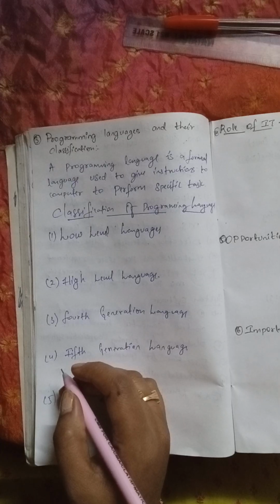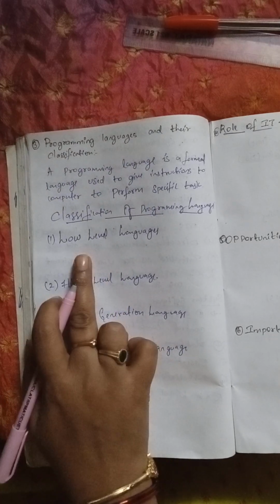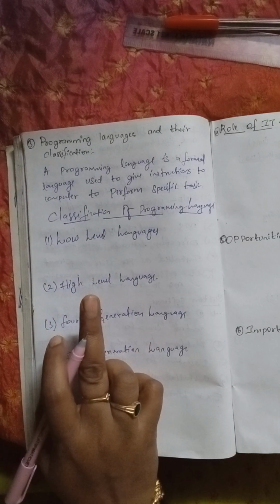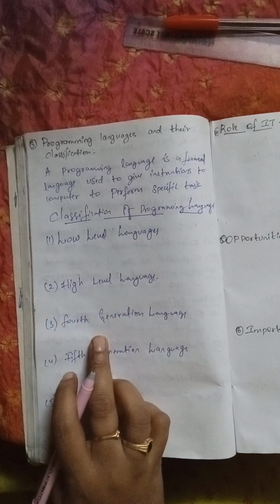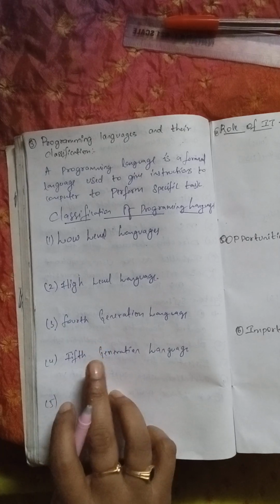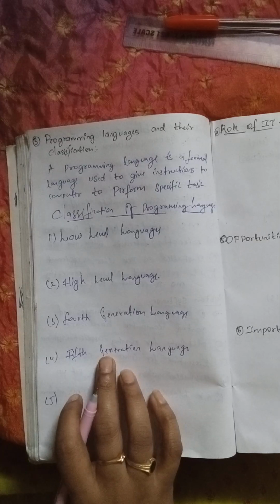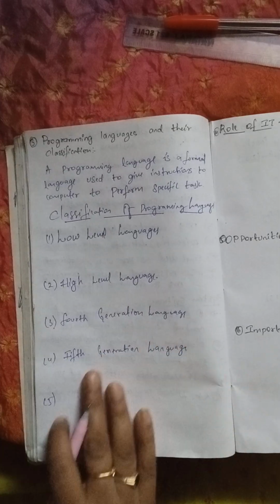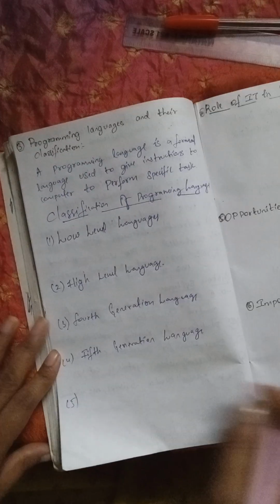How many types of languages are there? The first is low level language, the second is high level language, the third is fourth generation language, and the fifth is the fifth generation language we are using now.